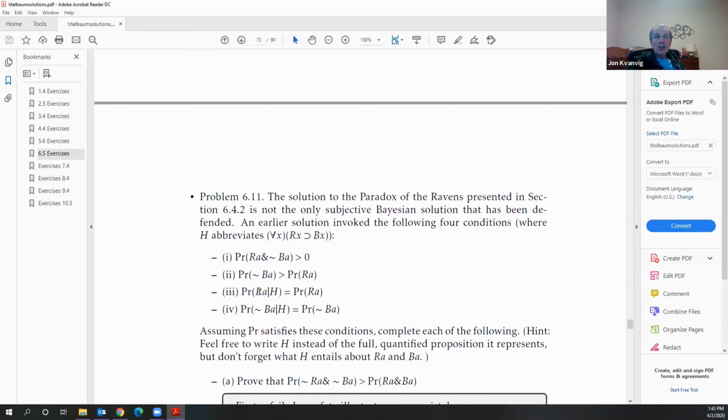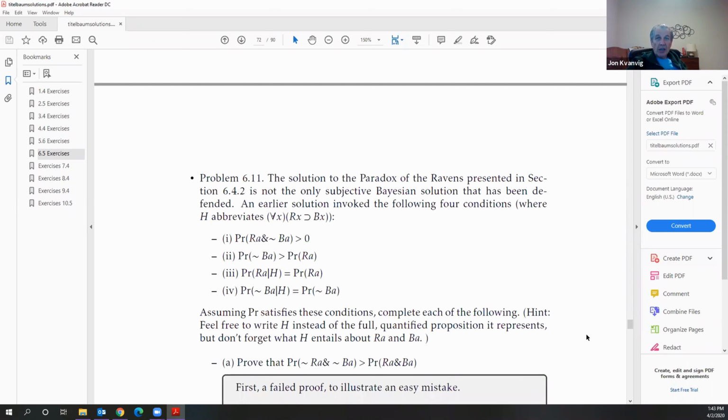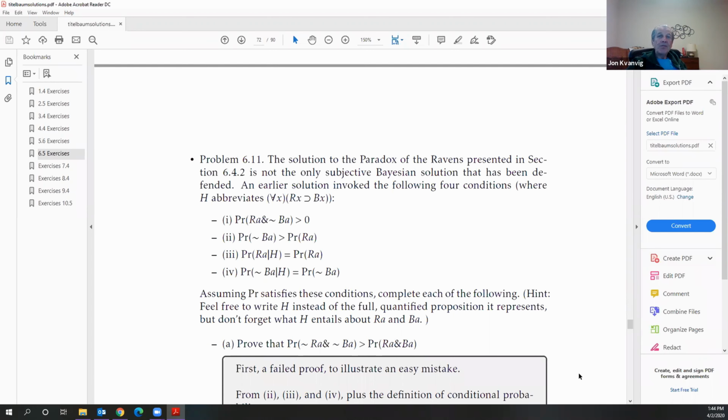So both being a raven and being non-black are independent of the hypothesis. Assume that PR satisfies these conditions, and complete each of the following. Prove that the probability of not RA and not BA is greater than the probability of RA and BA.